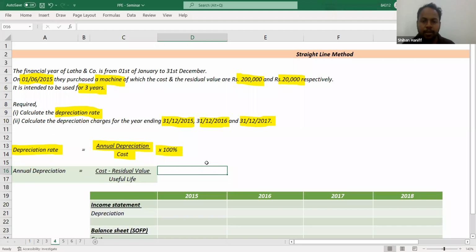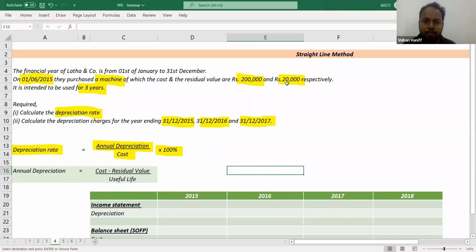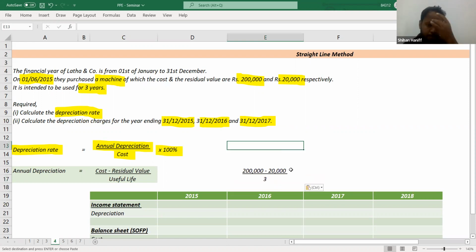First, you calculate the annual depreciation. Cost is 200,000, residual value is 20,000. So cost minus residual value, divided by useful lifetime 3 years. So annual depreciation, you will get 60,000. There is a question. Whether the residual value and the scrap value are the same? Yes, both are the same.